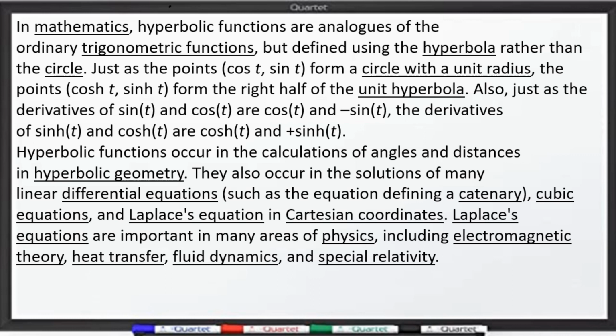Nevertheless, in the following slides, we will show the definition, identities, and formulas for hyperbolic functions, as well as the formulas for differentiation of hyperbolic and inverse hyperbolic functions.